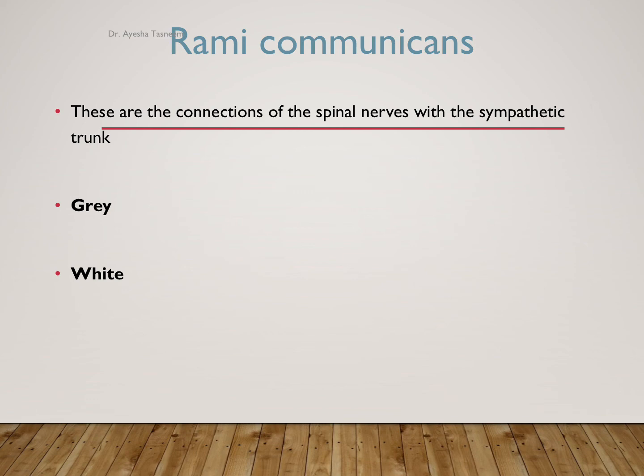They carry postganglionic fibers from sympathetic ganglia to their destination, and also carry preganglionic fibers to the sympathetic ganglia, and they do not synapse, while white rami exit only at T1 to L2 level, and they carry only preganglionic fibers from the spinal cord to the paravertebral ganglia.